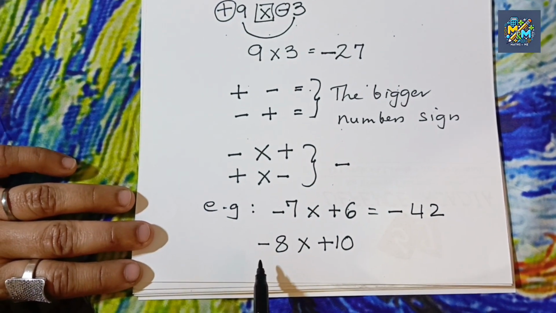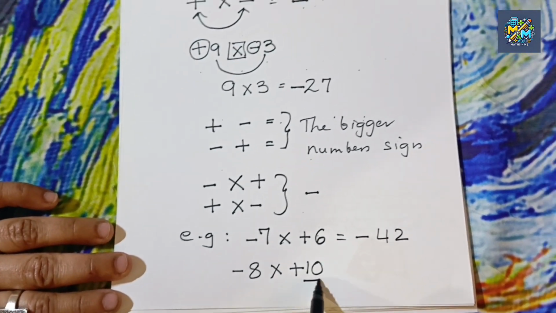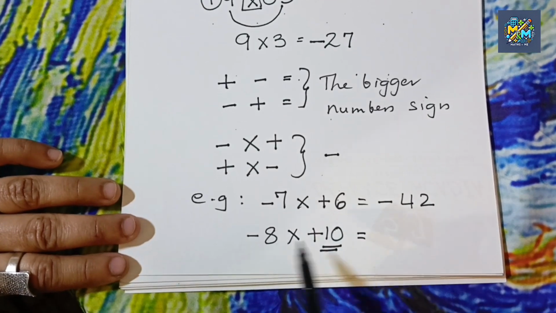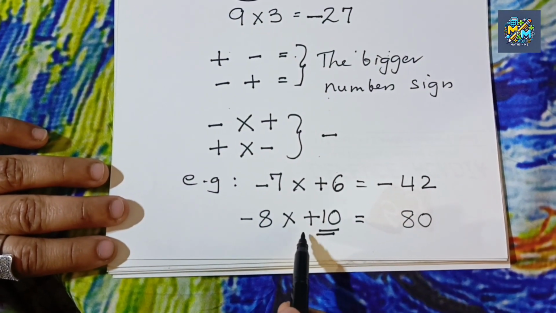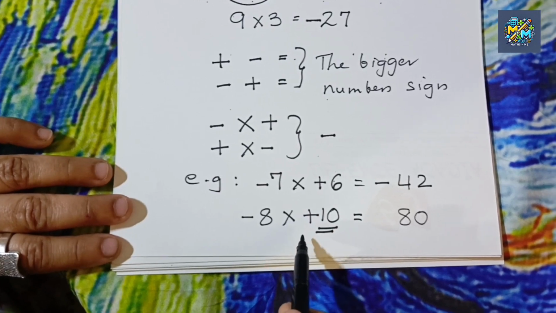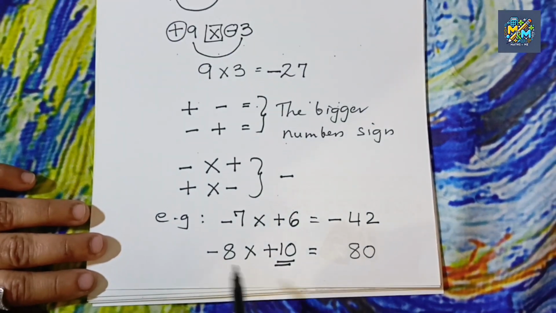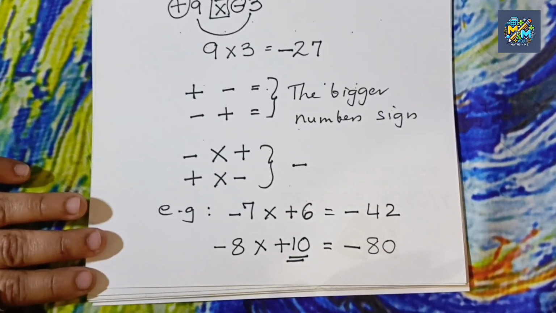And in this question, minus 8 multiplied by plus 10, we can see 10 is a big number. But what I have to do, 8 times 10 will be 80. And I'm not going to use the sign of 10 because it is the bigger number or greater number. I just have to quote the sign minus. So this is the rule.